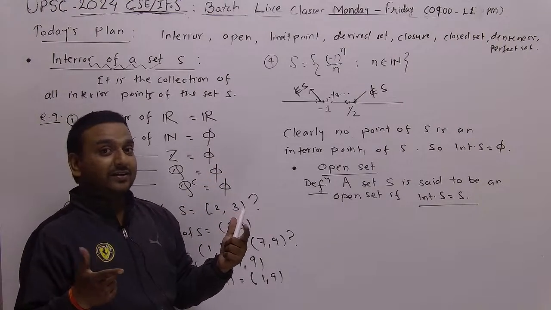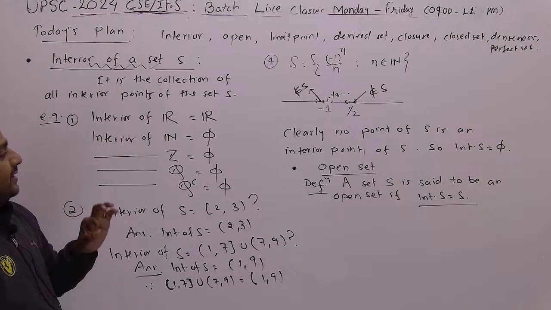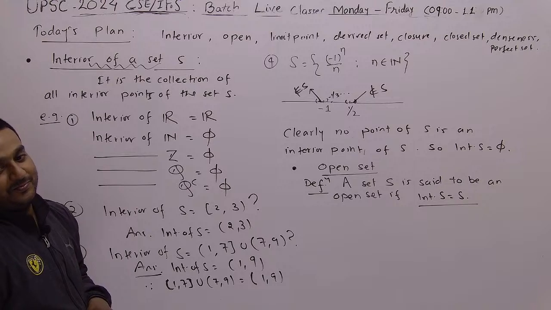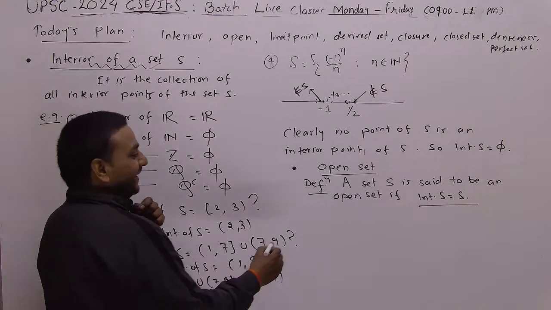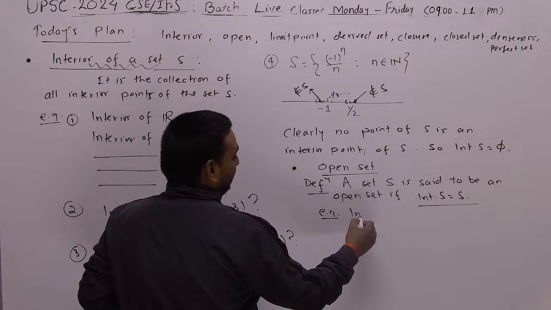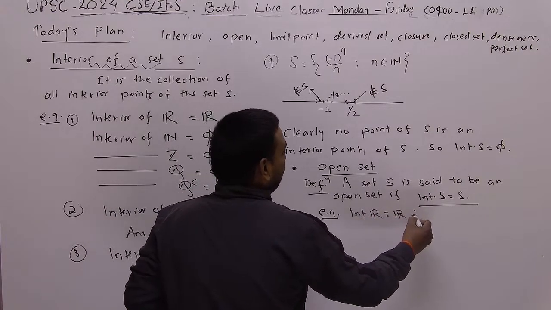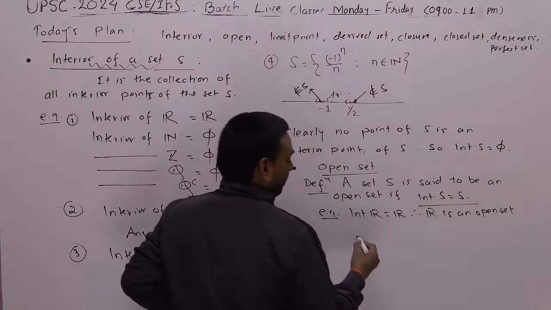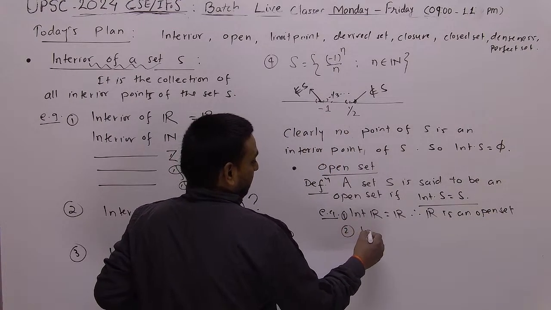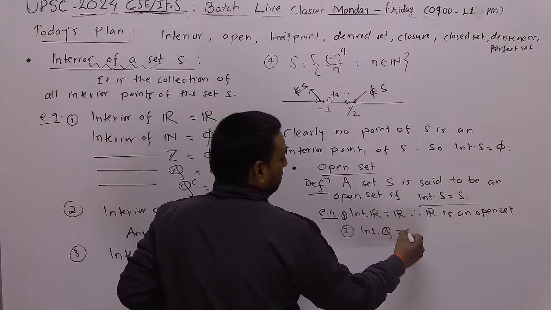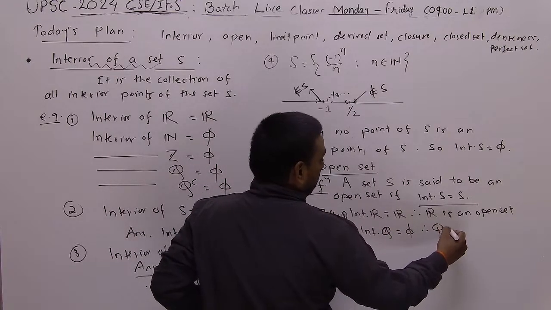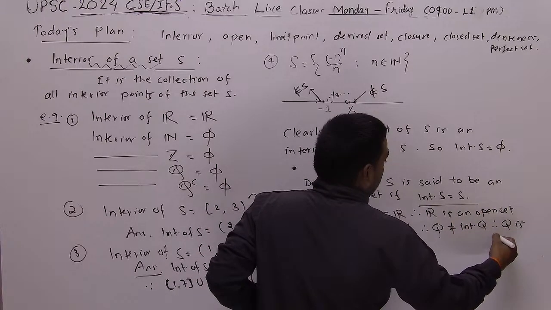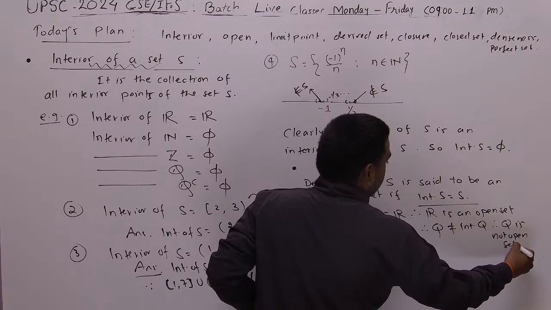So everyone got it? Now tell me, is R open or closed? For example, interior of R equals R, so R is an open set, right? Interior of Q is phi, so Q not equals to interior of Q, so Q is not an open set.